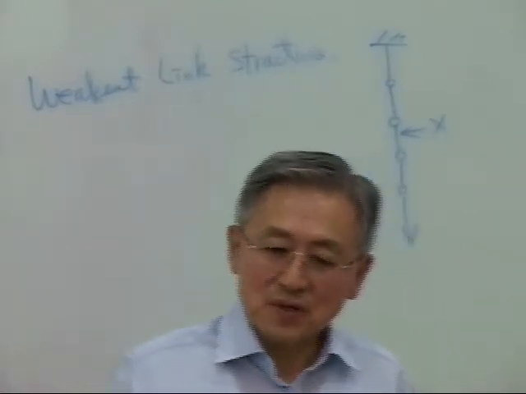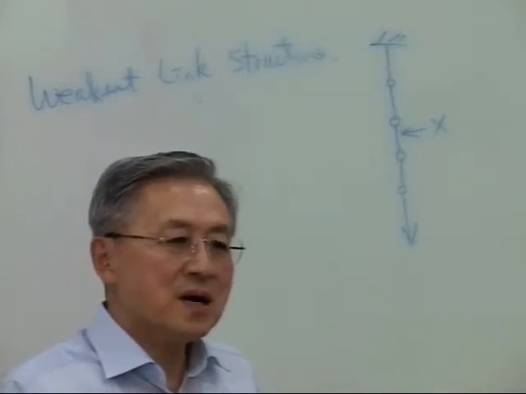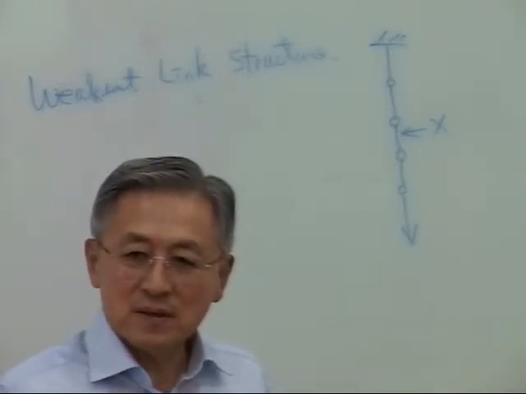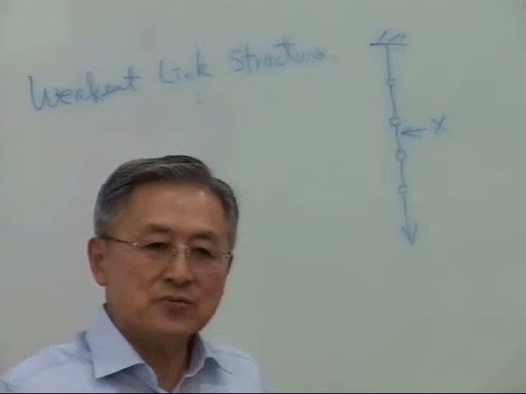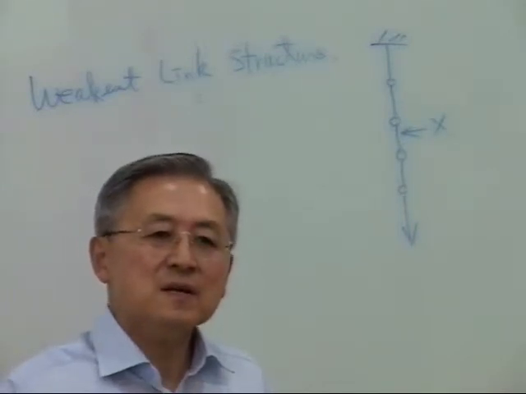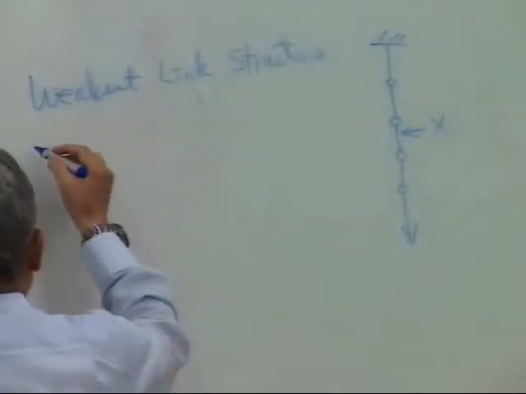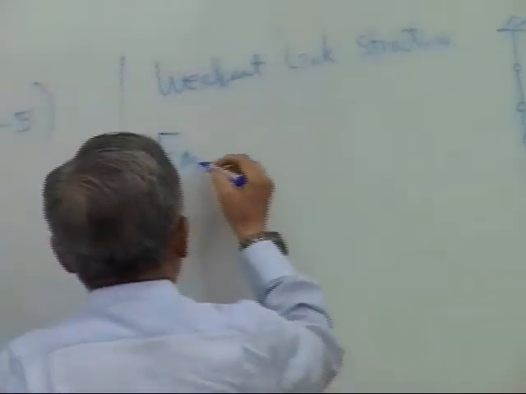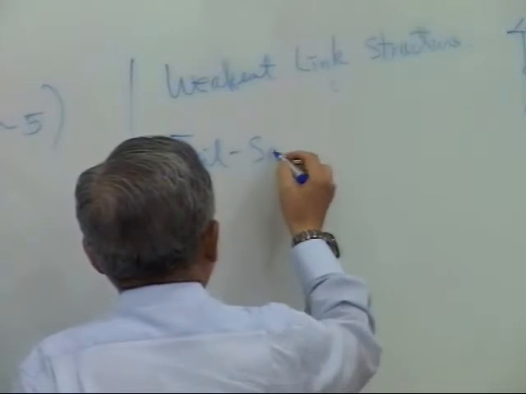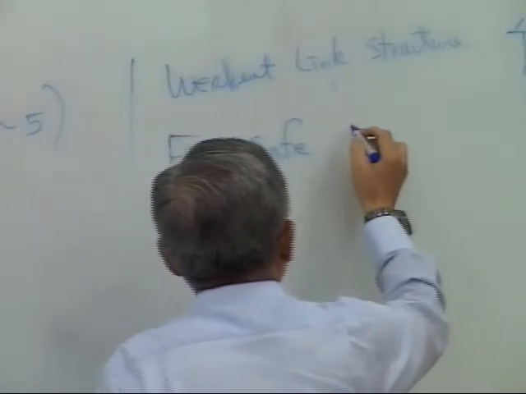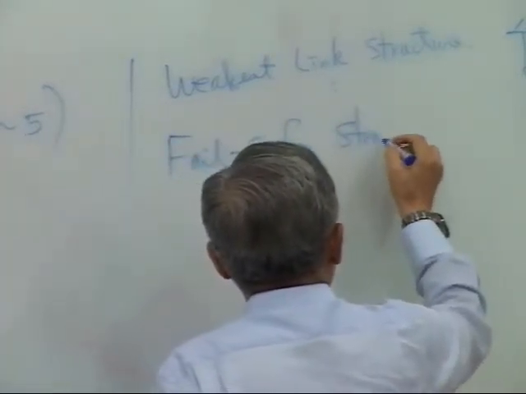Another type of structure is one where one component failure does not induce the failure of the total system, which is called the fail-safe structure system.